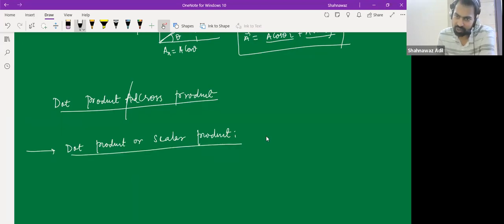So we have two vectors, A and B, and the angle between them. The question is what would be the dot product? Dot product is simply, as the name suggests, a product, and dot meaning it is a scalar.